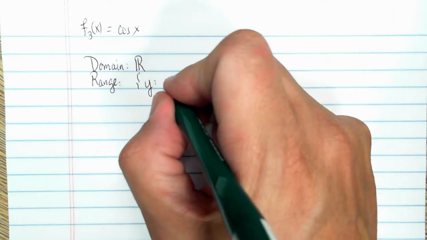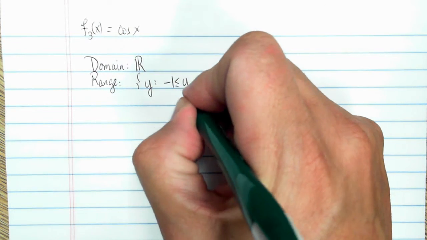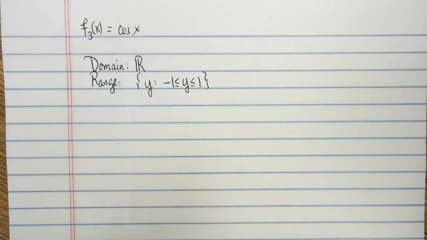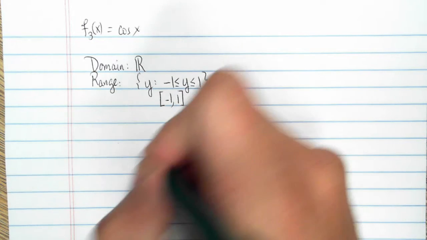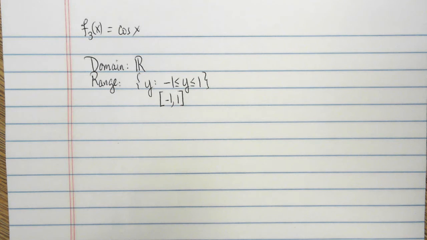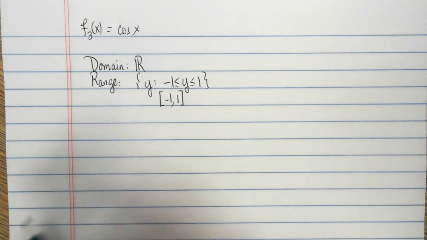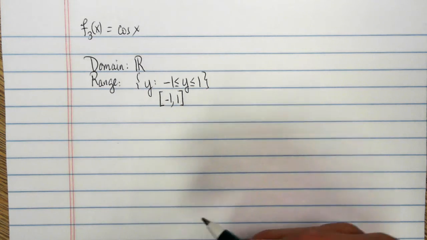When I take the cosine of something, the result must be between -1 and +1. Another way of writing it is with interval notation, -1, 1, using closed brackets to indicate that both endpoints are included. Okay, so that's the domain and that's the range.